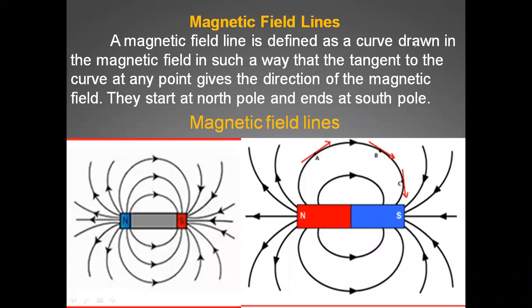Magnetic field lines are curves drawn in the magnetic field, starting at the North Pole and ending at the South Pole.